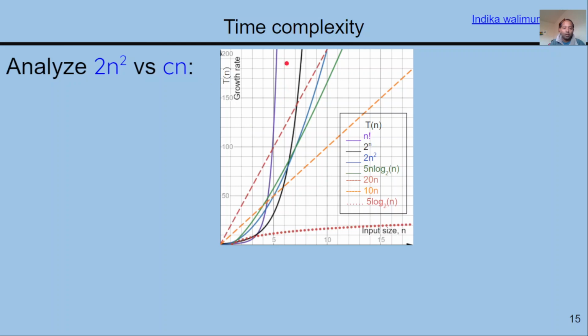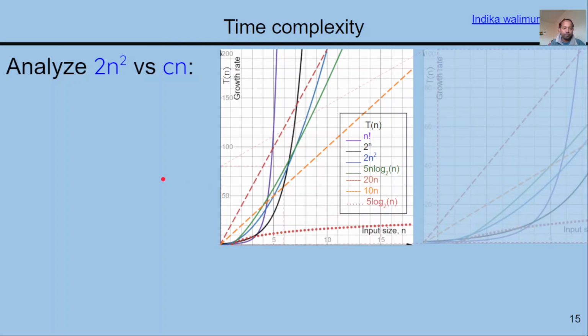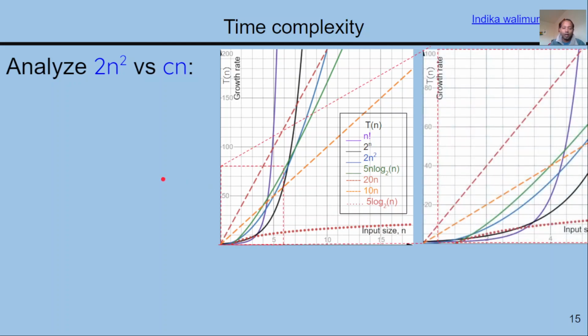I have plotted a bunch of growth functions over here, from n factorial, which has the largest growth, to log n, which has the smallest growth. And over here in this graph, I enlarged the focus to this portion.